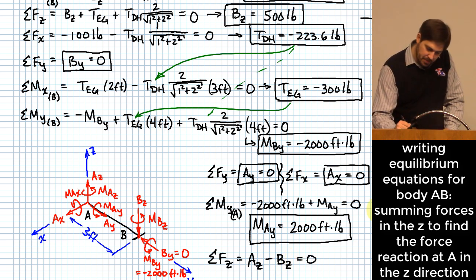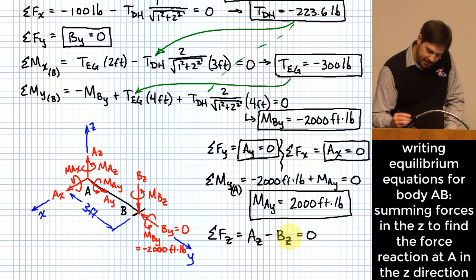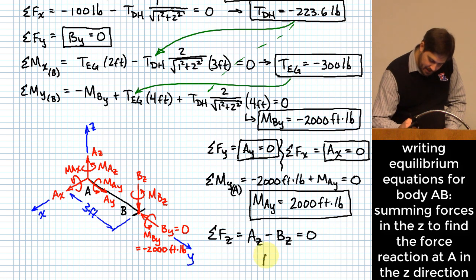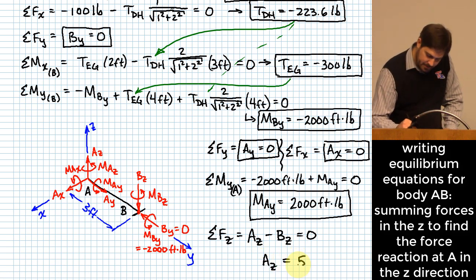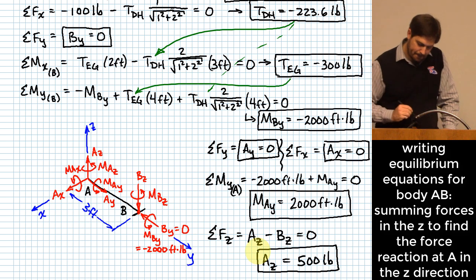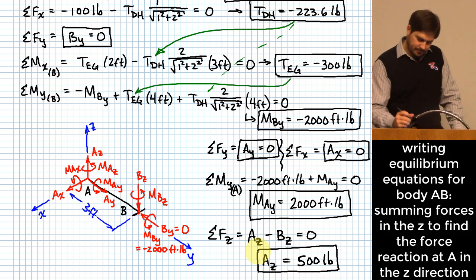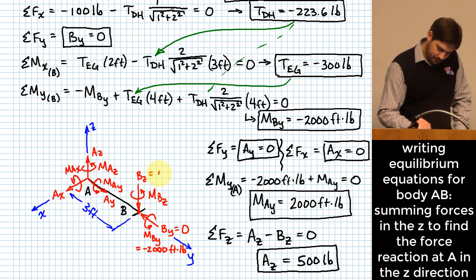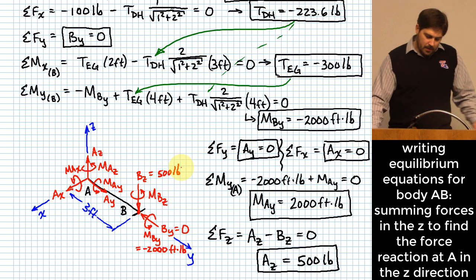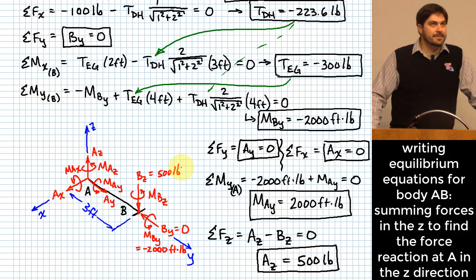Since BZ was positive 500 pounds, if we put that in down here, we solve for AZ, which is also going to be positive 500 pounds. All right, now what?